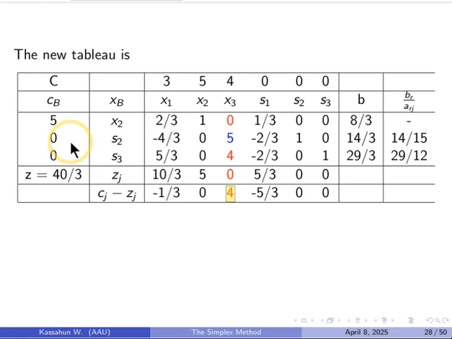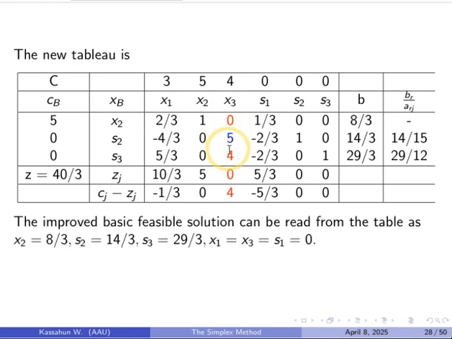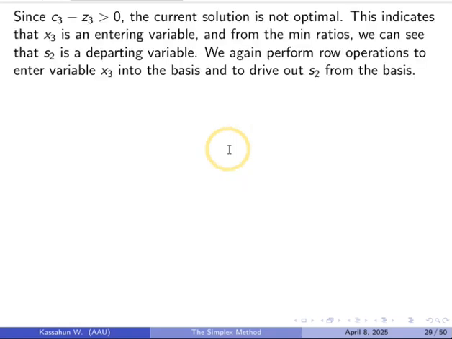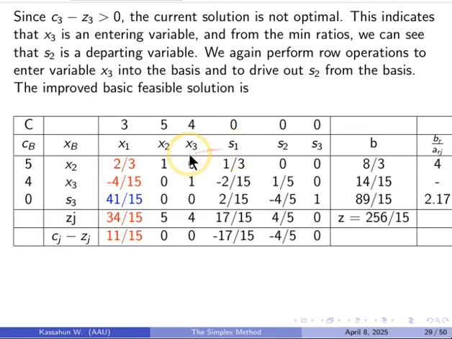Now you multiply this row by 1/5 to make this 1, and make the other entries in the pivot column 0. By so doing, we have got this, with all other components 0. Now look at this.